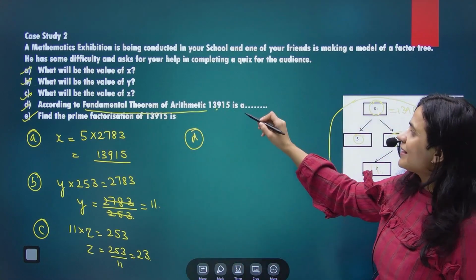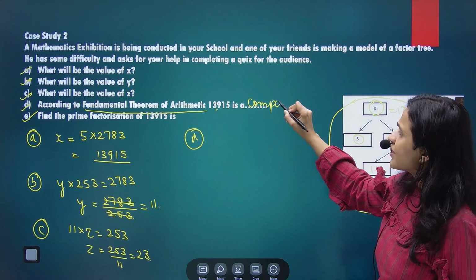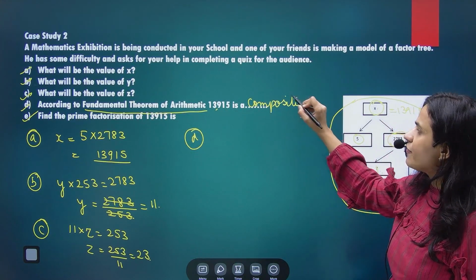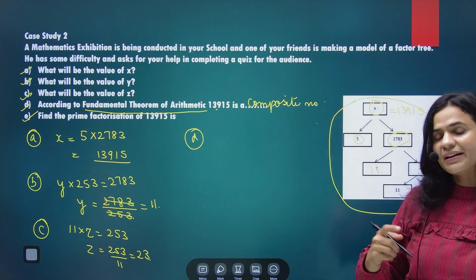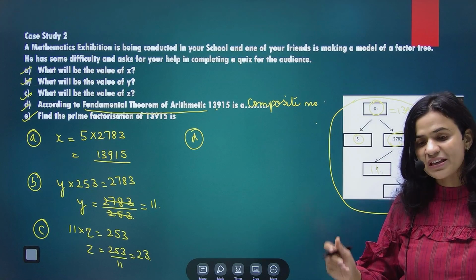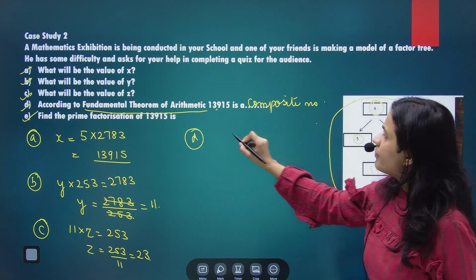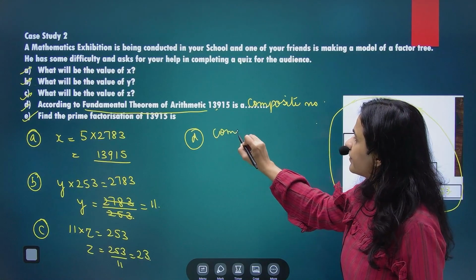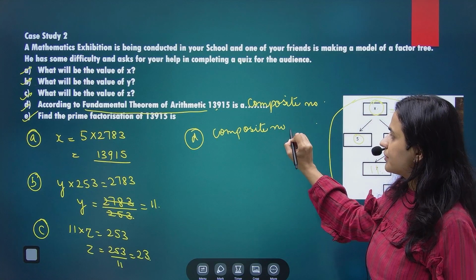So 13915 is a composite number because fundamental theorem of arithmetic is all about composite numbers, that every composite number can be expressed as unique product of prime. So the answer for D is going to be composite number.